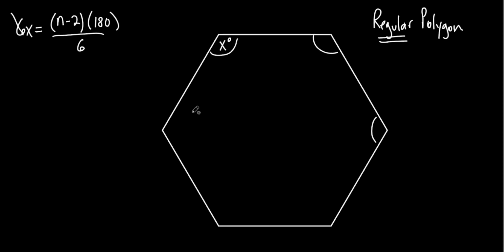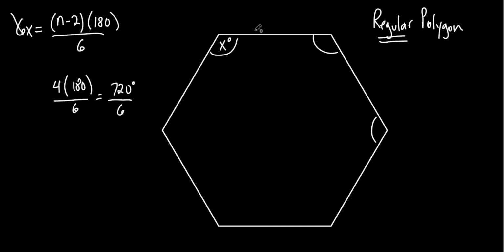Can I do that? Yeah, because I do know n, right? What's n? It's 6. There's 6 sides. So 6 minus 2 is 4 times 180, and you divide that by 6. What did we say 4 times 180 was? We did that earlier. I showed you how to do it in your head. 720. Oops, that's an ugly 7. 720, right? And then what do we do? Divide it by 6.